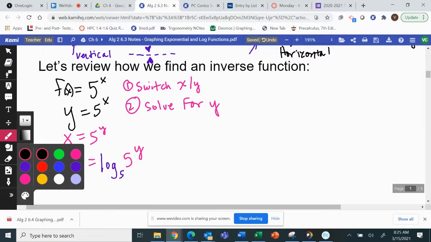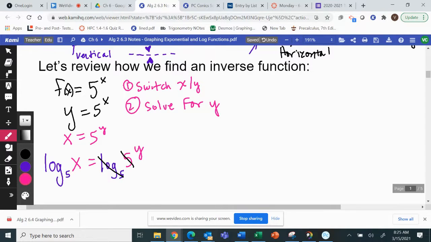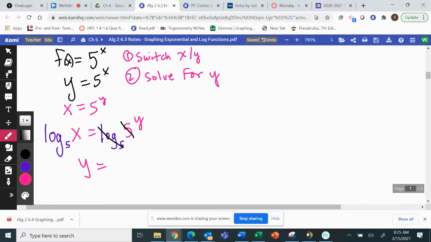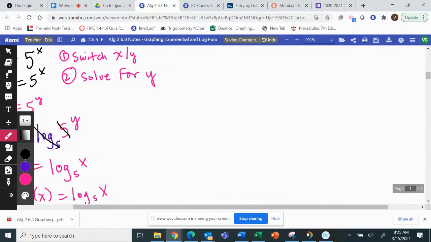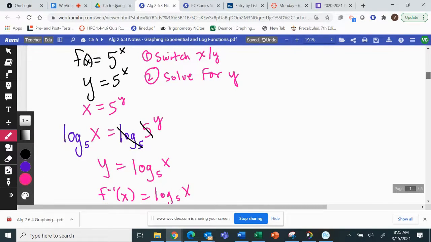If I log both sides, the log base 5 and 5 to the y cancel, and we get y equals, and then on the other side I have log base 5 of x. So this is the inverse, and since it's function notation, we're just going to write it back in function notation. So this would be our inverse.